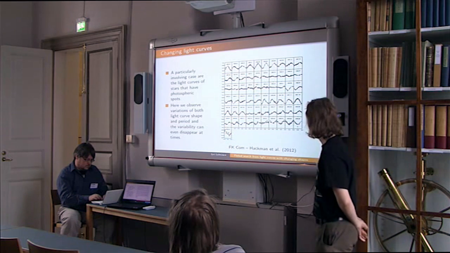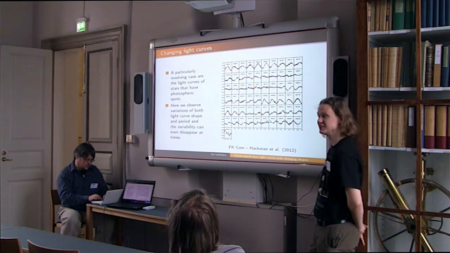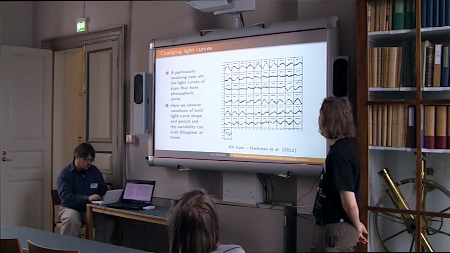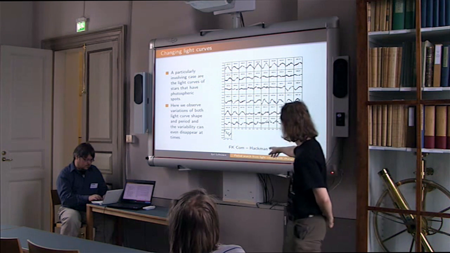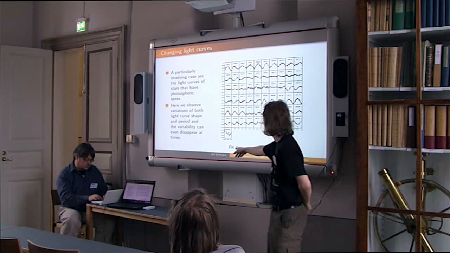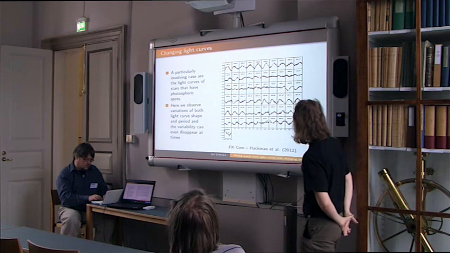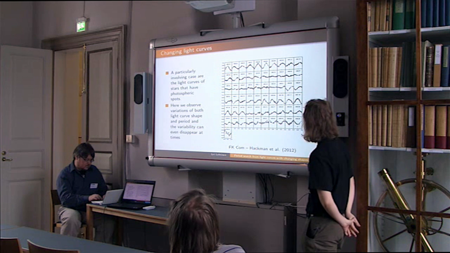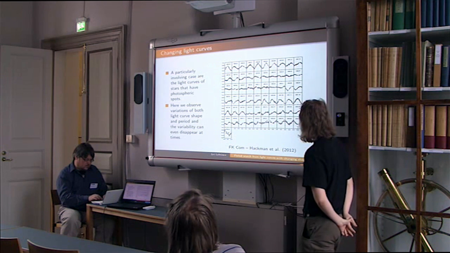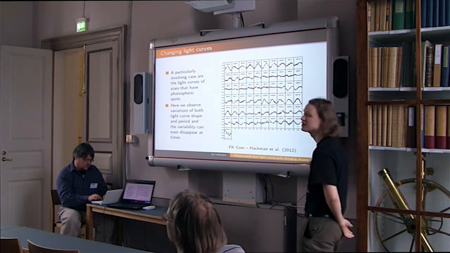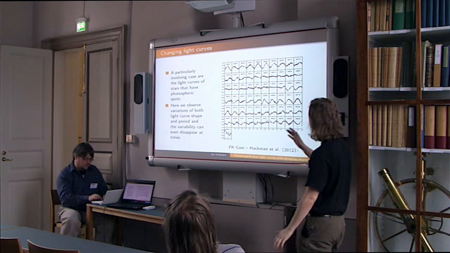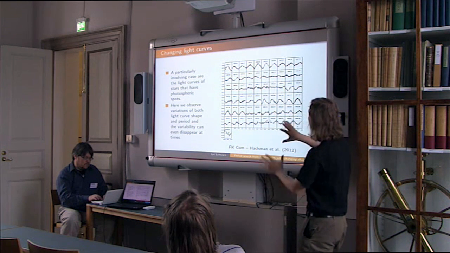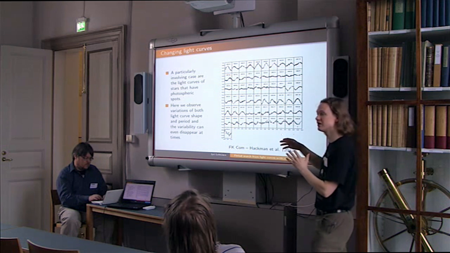And as with sunspots, these star spots are constantly changing. So here you see, for one very famous spotted star, FK Comae, some modern light curves, so you can see that the light curve is constantly changing based on where on the star the spots are.